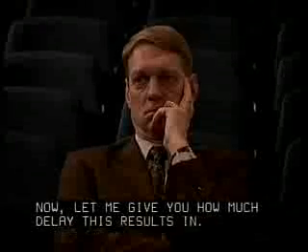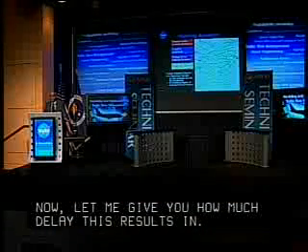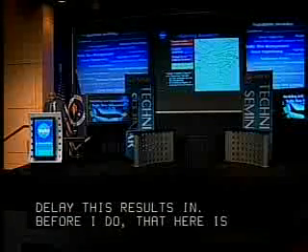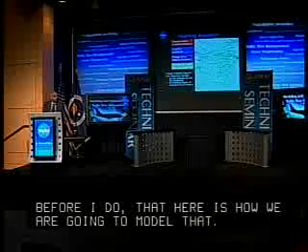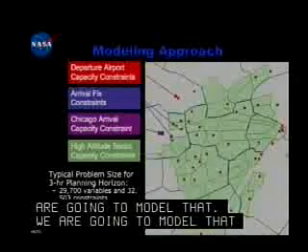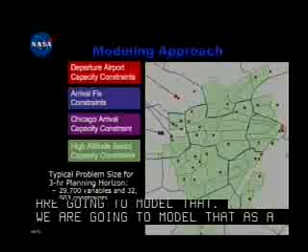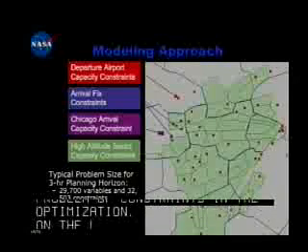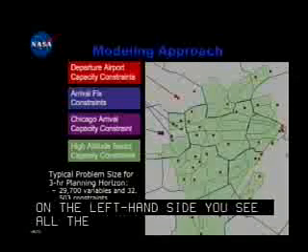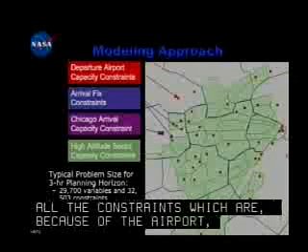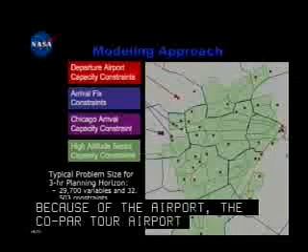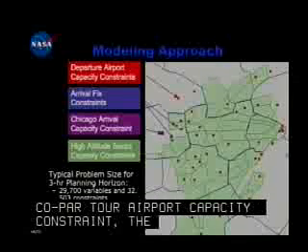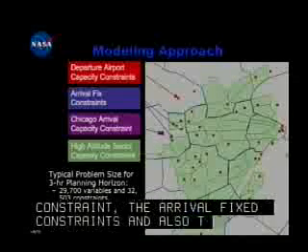Before I do that, here is how we are going to model that. We are going to model that as a problem of constraints in the optimization. On the left-hand side, you see all the constraints, which are because of the airport: the departure airport capacity constraint, the arrival fix constraints, and also the Chicago arrival capacity constraint.